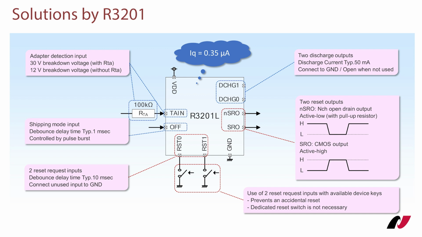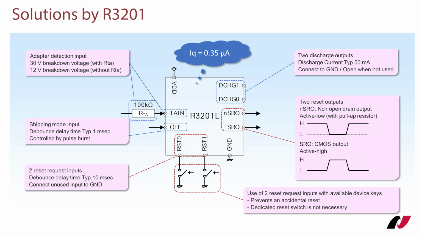One is able to select from an optional 8, 10, 12 or even 16 seconds delay time, which is internally fixed by product version. Once the reset cycle is triggered, it will provide an actual reset period of 0.4 seconds, controlling the SRO and NSRO outputs.